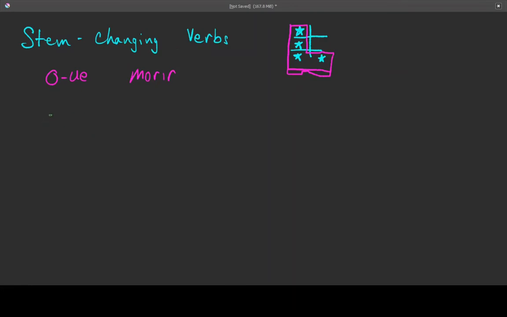The next one is going to be E to IE, and I'm going to use entender as my model. And the final version is the E to I stem change, and I'm going to be using the verb pedir for that one. So morir means to die. Entender, to understand.